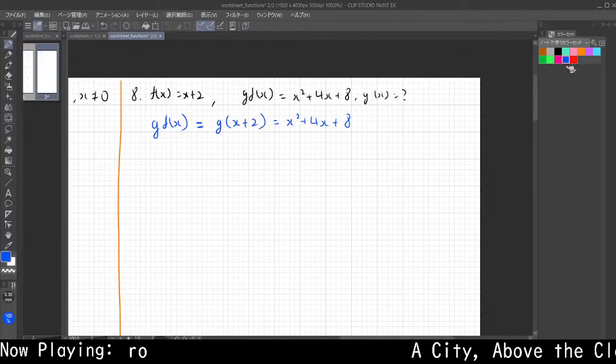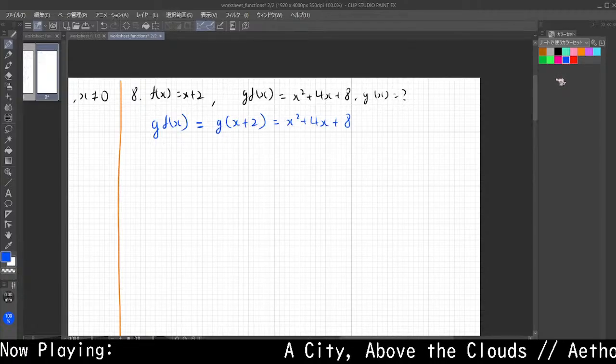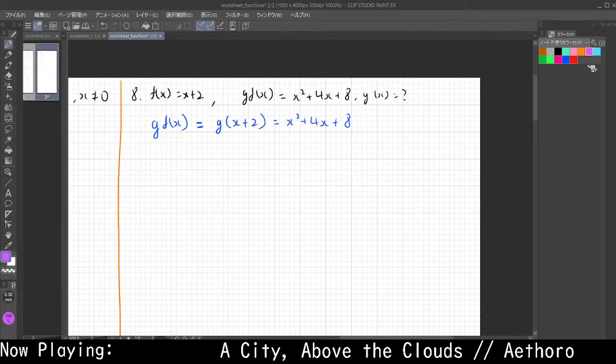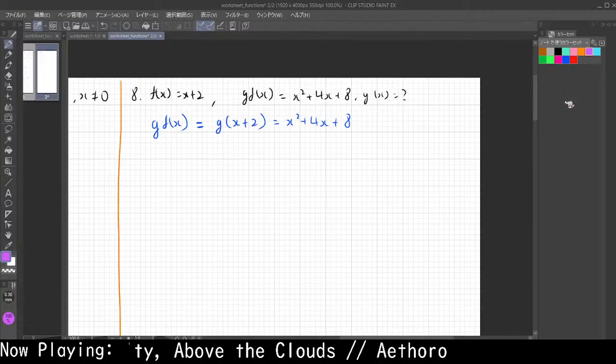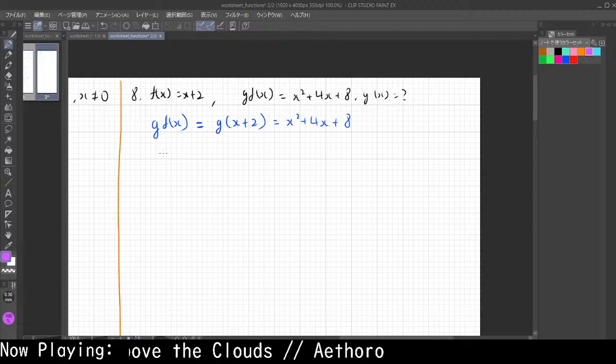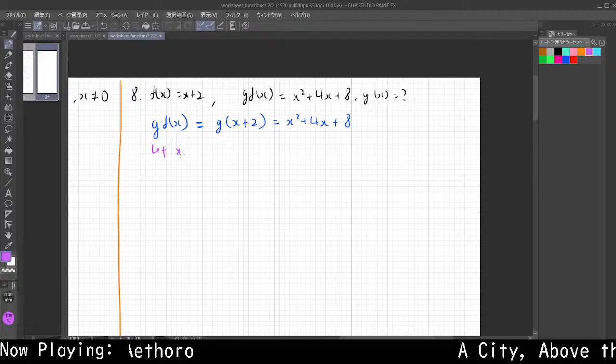So we want to turn x plus 2 into x, but directly turning into x would be very problematic, so we turn it into y instead. Okay, so I will now let x plus 2 equal y.